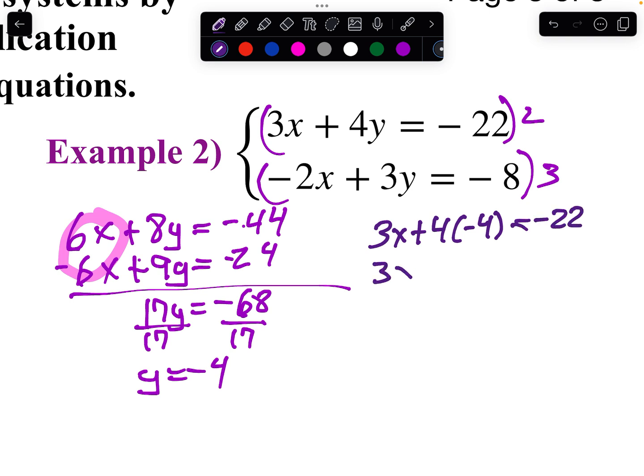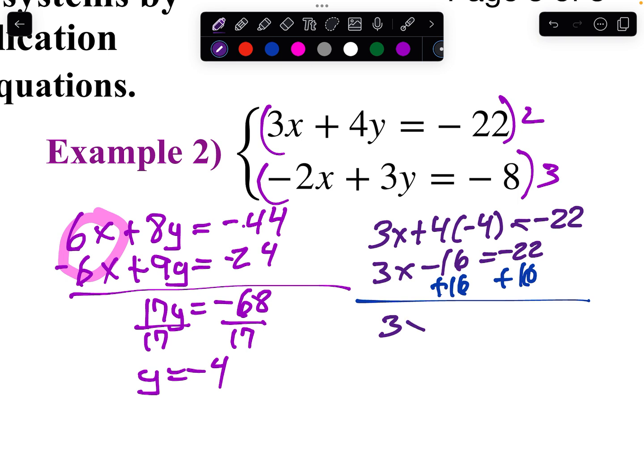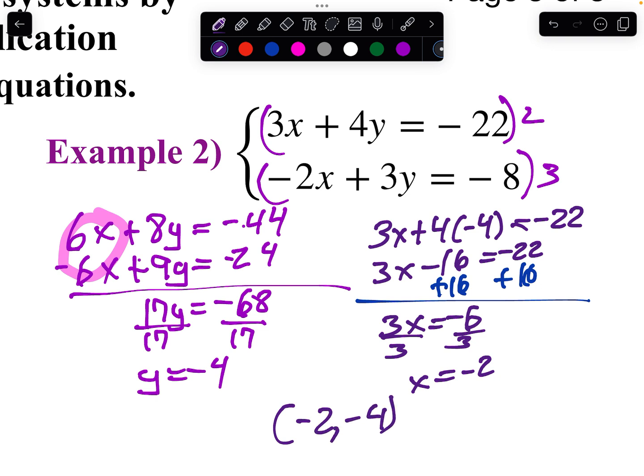And we'll get 3x minus 16 equals negative 22. So we'll end up adding 16 to both sides. And we'll get 3x equals negative 6. I'll divide by 3. X is negative 2. So we get (negative 2, negative 4). And there's our answer.